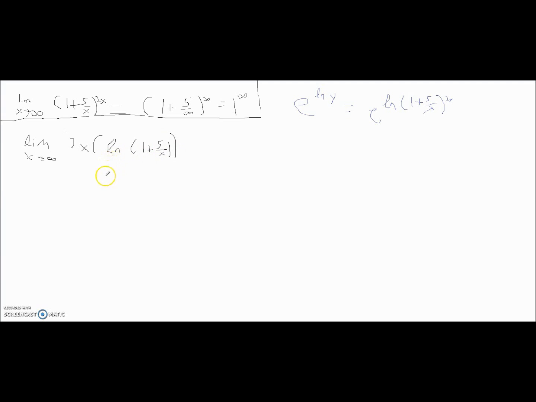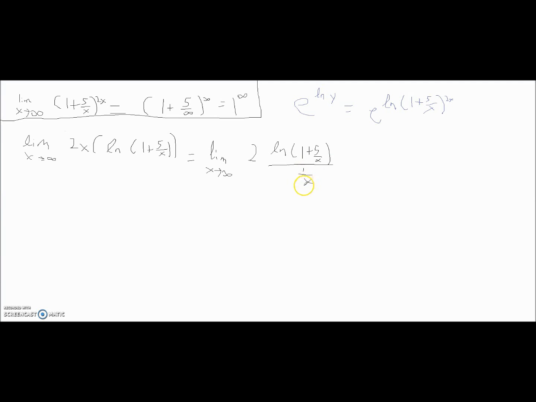When you have this, it's a little easier to write it as something over something. It's the same as the limit as x goes to infinity of 2 times the natural log of 1 plus 5 over x, all over 1 over x.